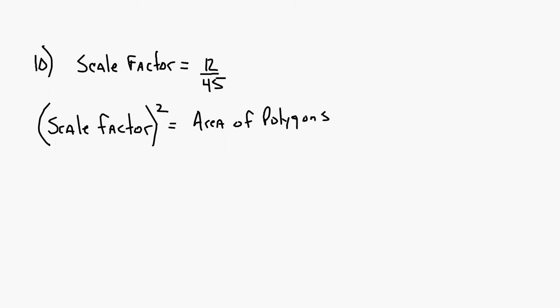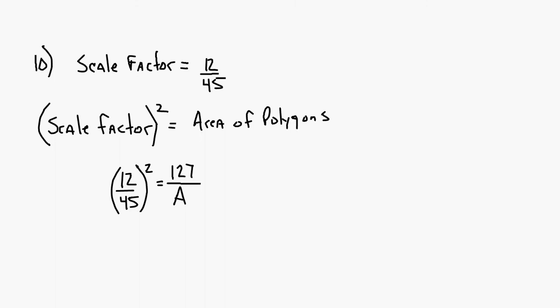All right? So in this case, your scale factor is 12 over 45. So your 12 over 45 squared is equal to the area of the two polygons. The smaller area is 127. You're trying to find the larger area.